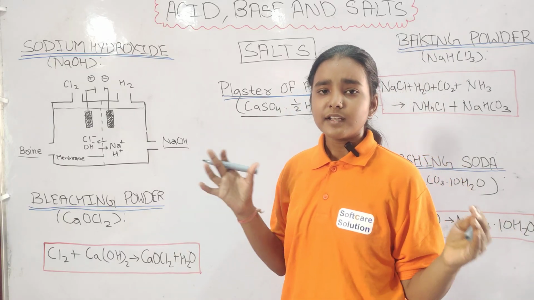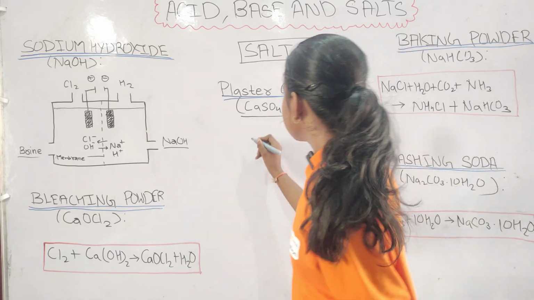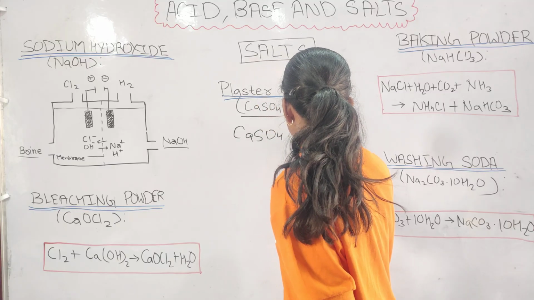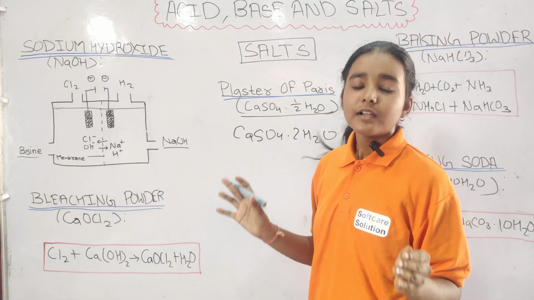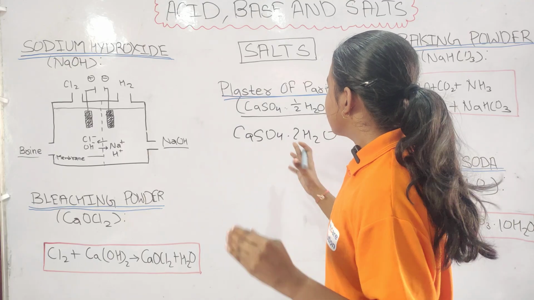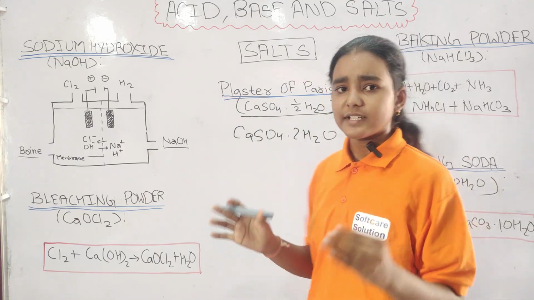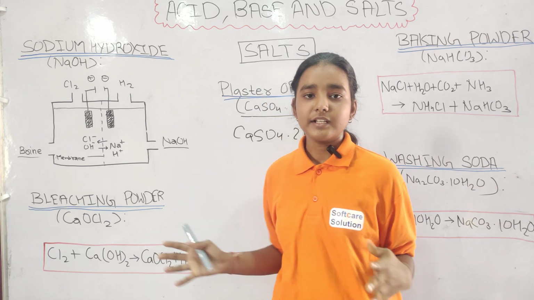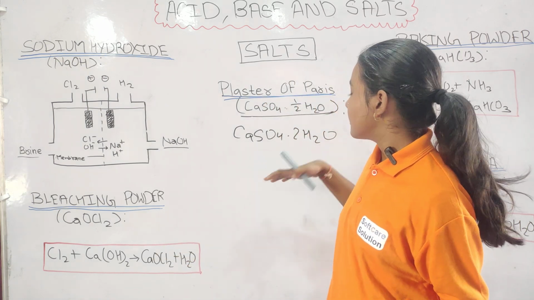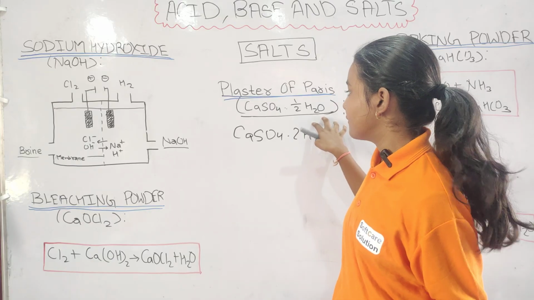Plaster of Paris is made from gypsum, that is CaSO4·2H2O. In the gypsum, 2 molecules of H2O are present, but when we heat it, it becomes plaster of Paris. It actually releases its H2O, half H2O, to become plaster of Paris.